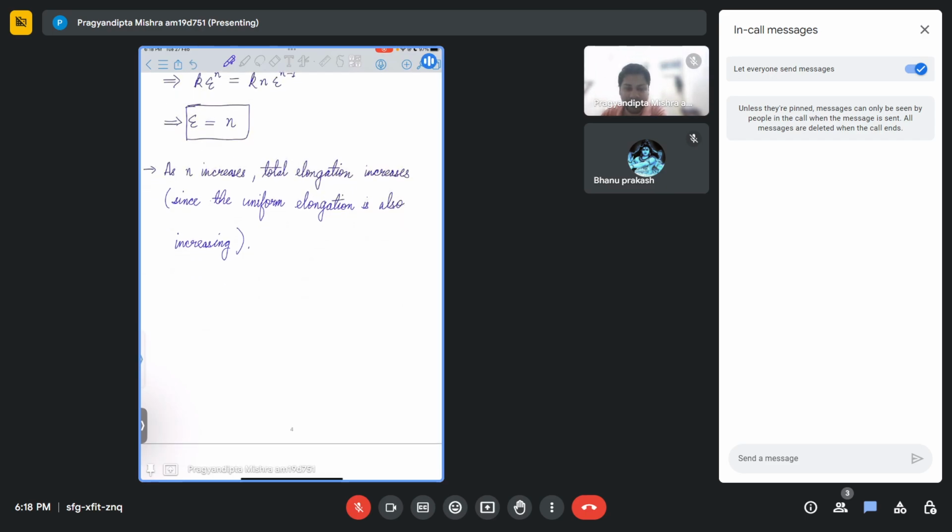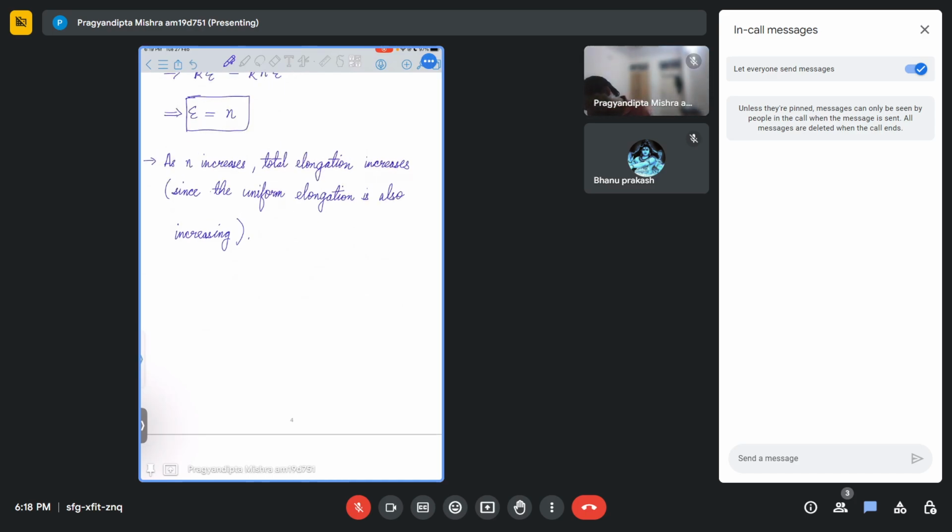Another thing that you can see, if you are plotting stress versus strain, and on the stress side you're also plotting d sigma by d epsilon. Both you're plotting. Okay, let me use a different pen.